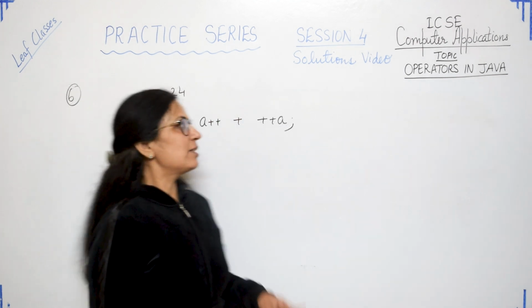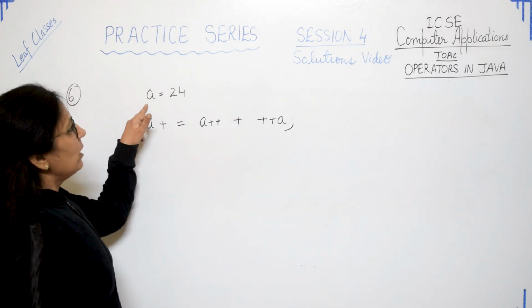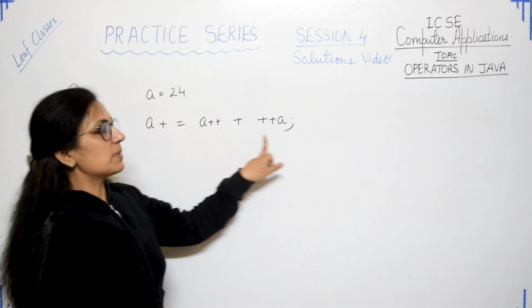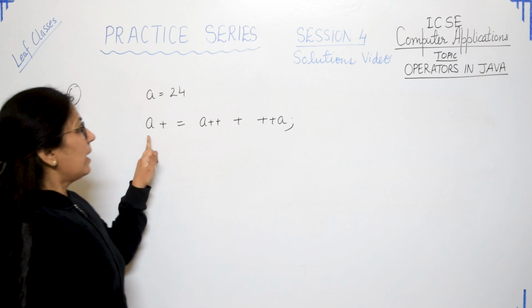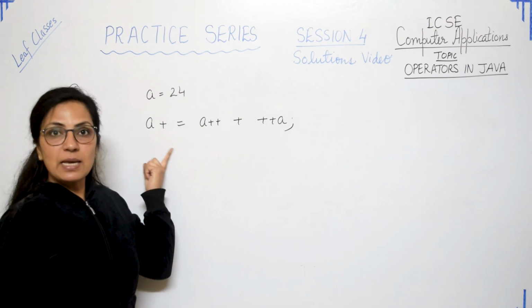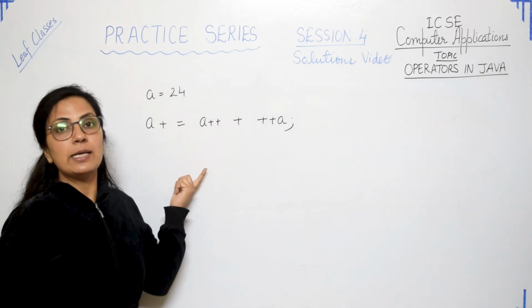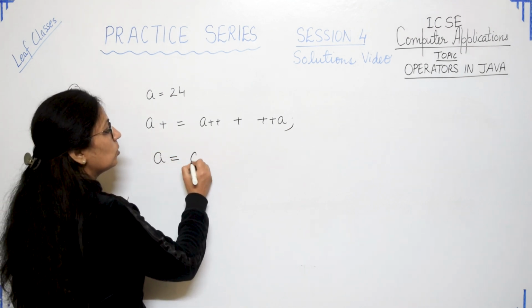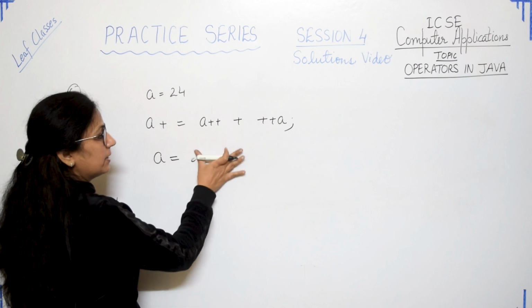Question number 6 is to solve it, where the value of A is given as 24 in the beginning: A plus equals A plus plus plus plus plus A. Whenever these types of expressions are there, they are known as shorthand notation. A plus equals means A equals A plus whatever is written here.